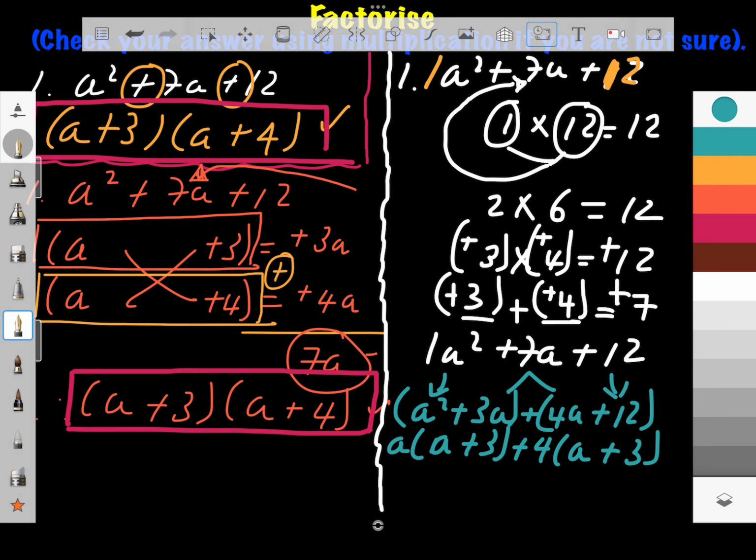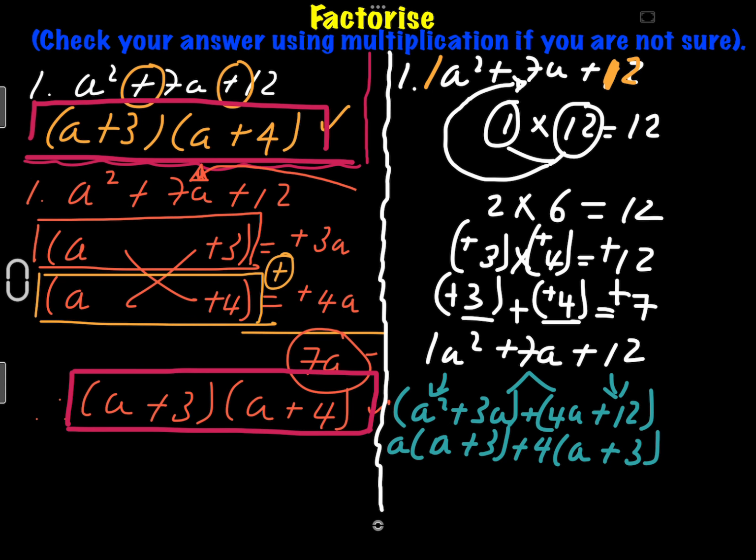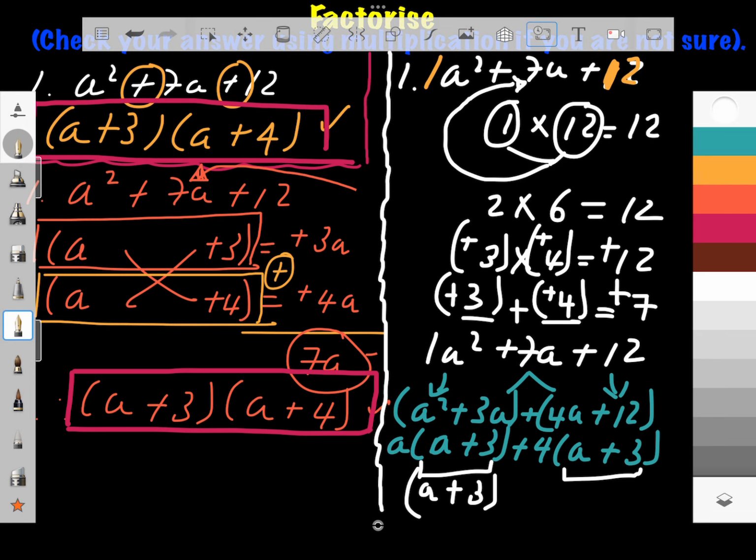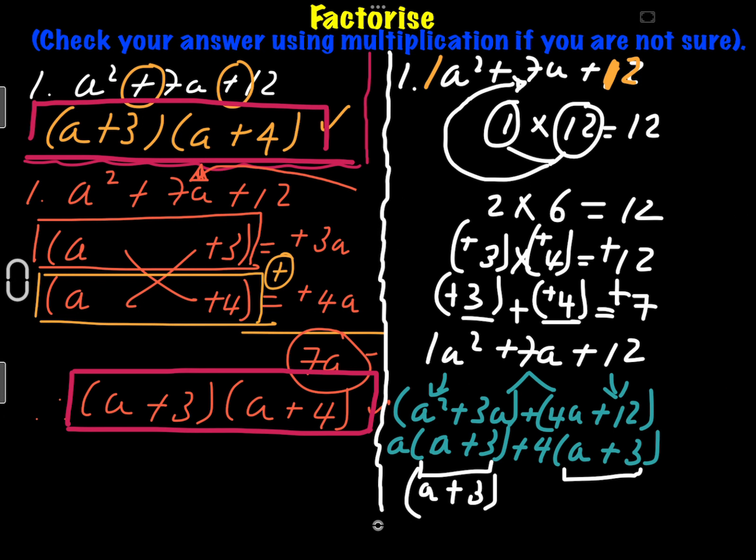Notice in our parentheses we have the same identities here, so you can go ahead by writing them down. So we have a plus 3, and then in our group another set of factors, so we have a plus 4. There they are, a plus 4.